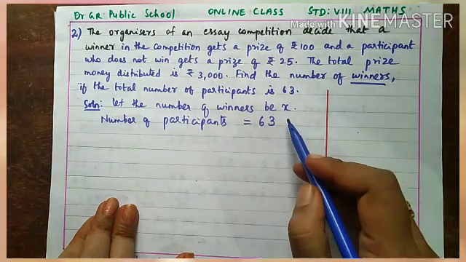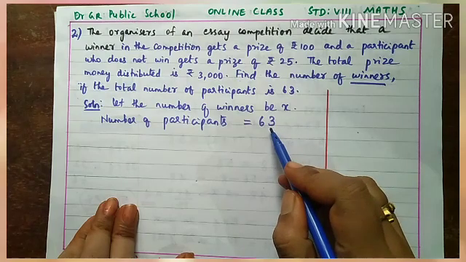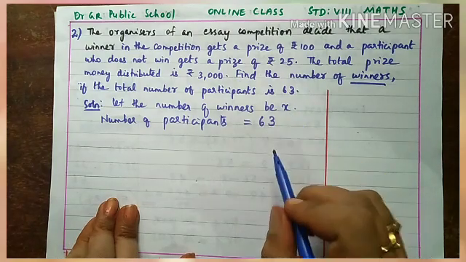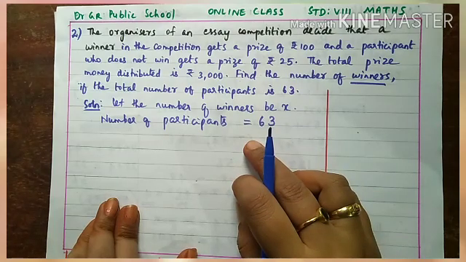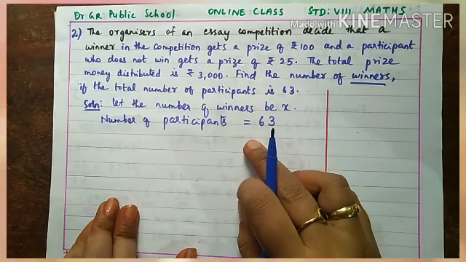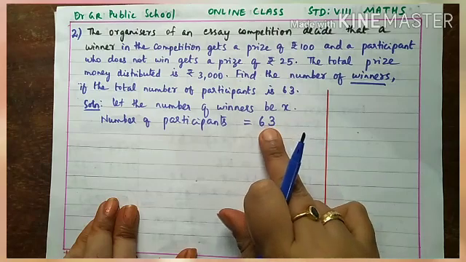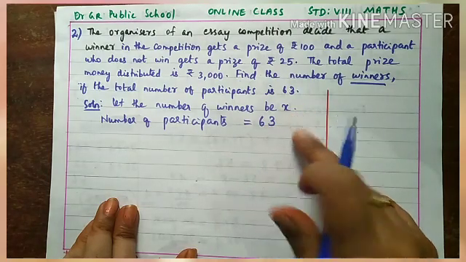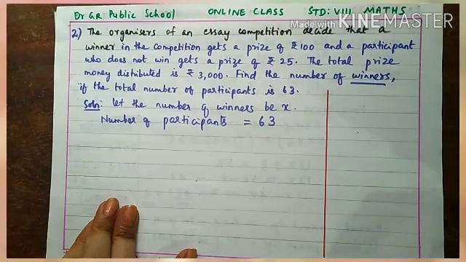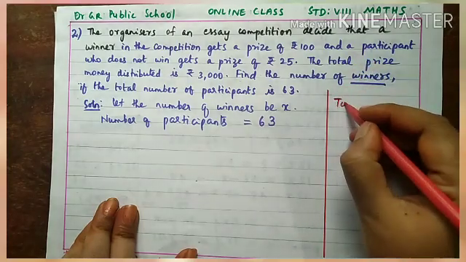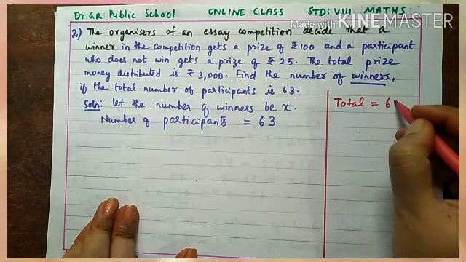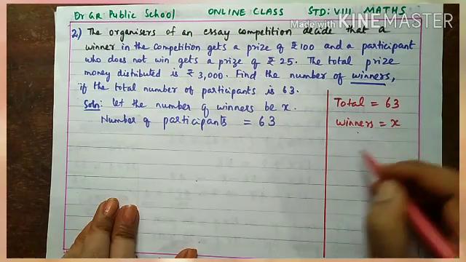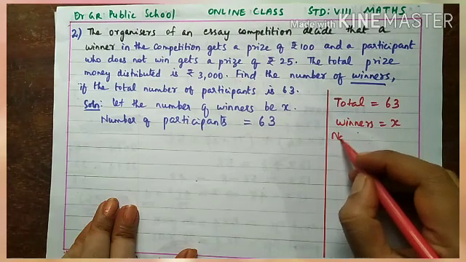Okay, so when the number of participants is 63 and we have taken the number of winners as x, can you say who the losers are? How many is the number of losers? Total 63. The winners are x we have taken. So what is the number of losers? Can you say who are the non-winners?